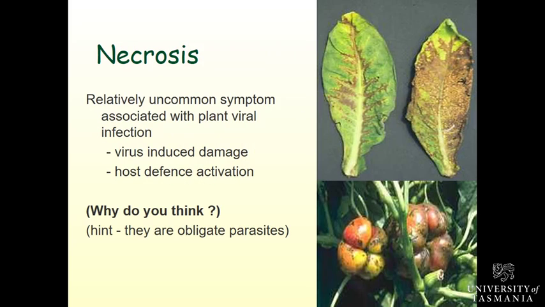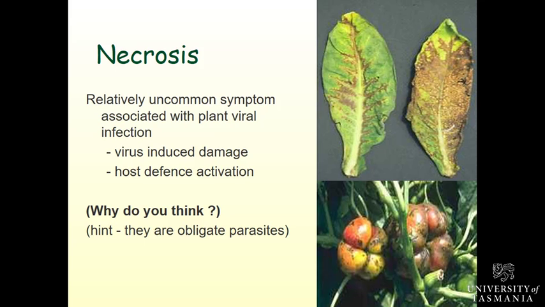You can get necrosis. It's uncommon because dead cells don't replicate viruses, but here's some necrosis, not full necrosis, where the virus is moving out of the veins. Again, some fruits. Those are both tomato spotted wilt virus. And the reason tomato spotted wilt virus can have hosts that cause necrosis is because it's got such a huge host range. It's got some good hosts and some bad hosts.